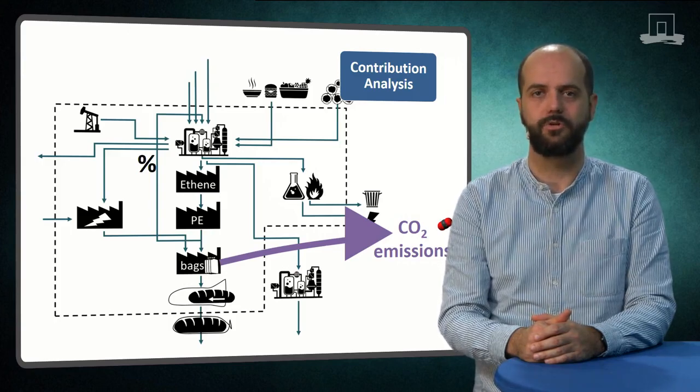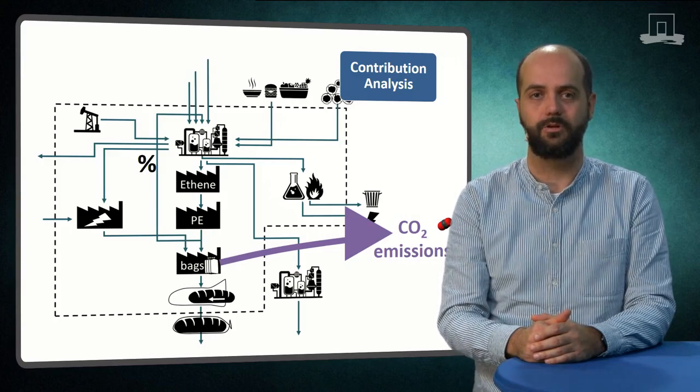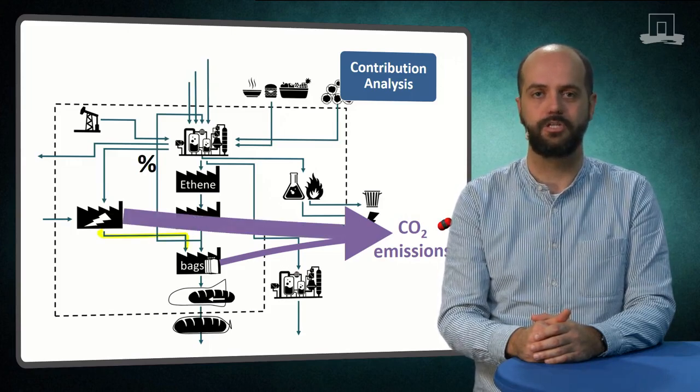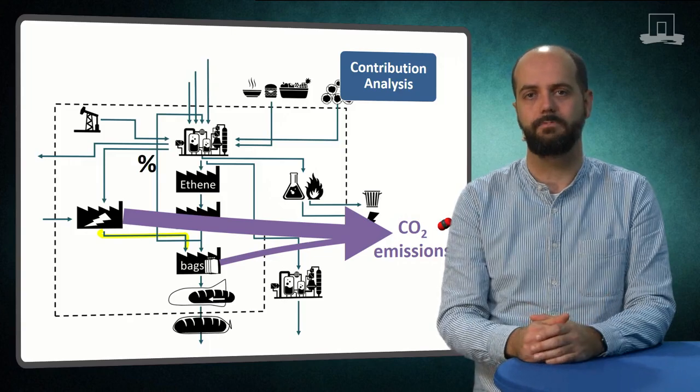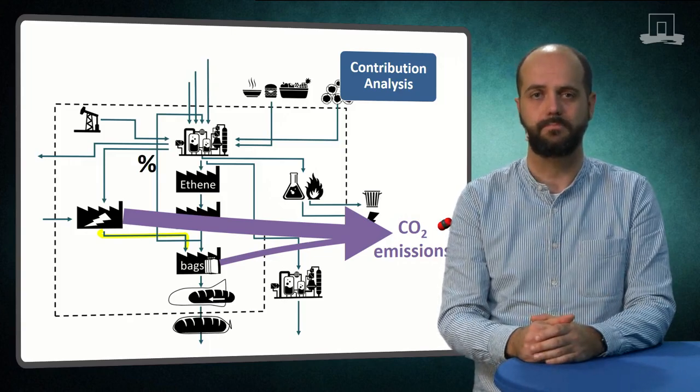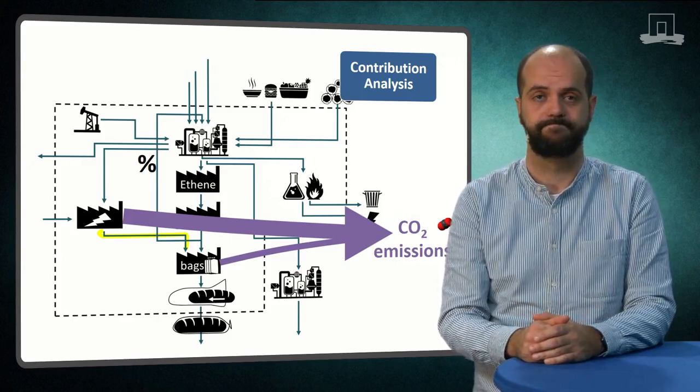This is because the CO2 associated with the energy consumed are not reflected in the contribution results for this process. Instead, the CO2 emissions associated with the energy used in the manufacturing process will be reflected in the energy production unit process. The contribution analysis results are interesting in themselves because they can help us identify hotspots in the life of our product. We can also use contribution analysis to identify anomalies or unexpected results.